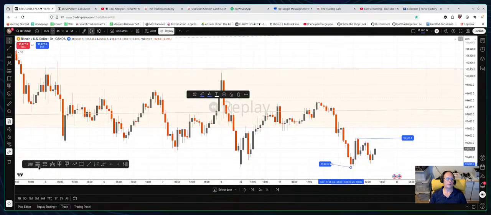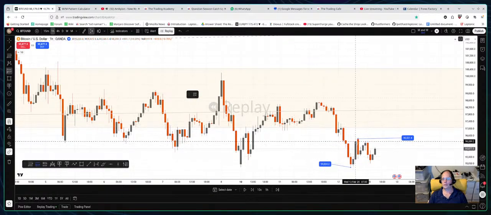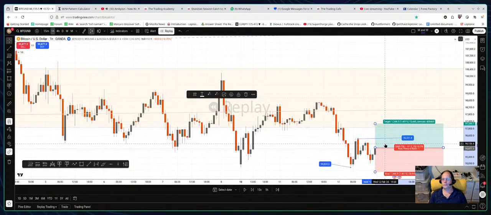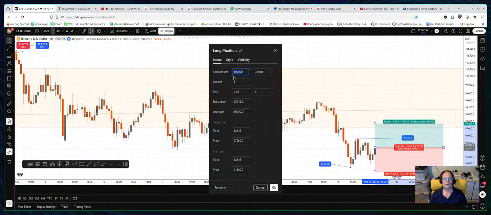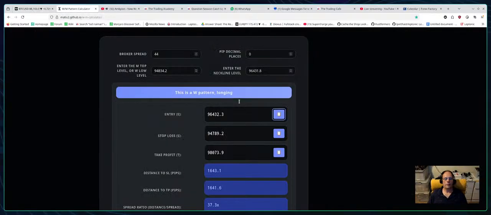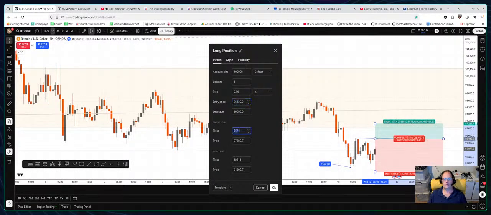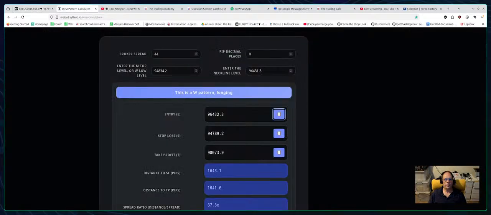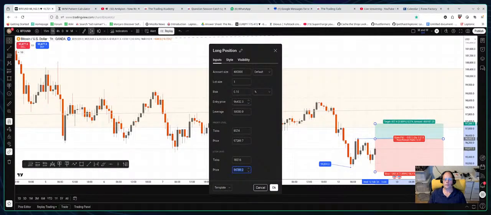So we put in our pretend trade. Entry. Stop loss is there. Take profit is there.